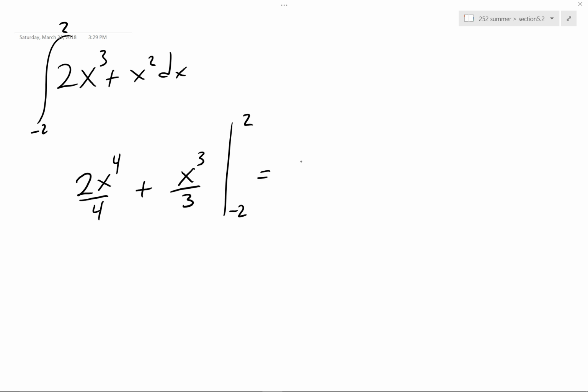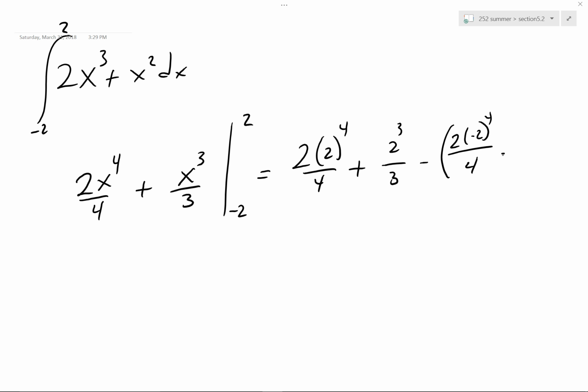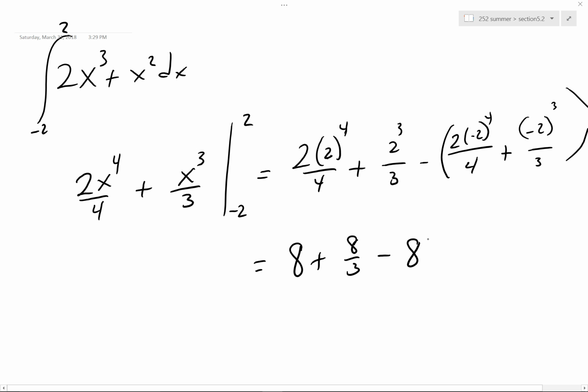In other words, you take 2 times 2 to the 4th over 4 plus 2 to the 3rd over 3, minus 2 times negative 2 to the 4th over 4 plus negative 2 cubed over 3. So what does that come out to be? Well, 16 over 4 is 4 times 2 is 8. This is 8 thirds minus, this is positive, so that should be minus 8. And then distribute the negative to here, it's going to be minus a minus 8 thirds.